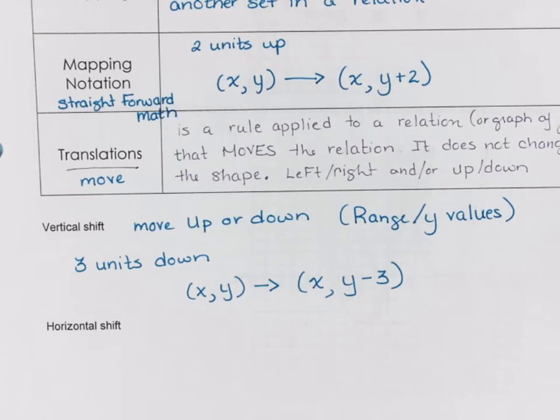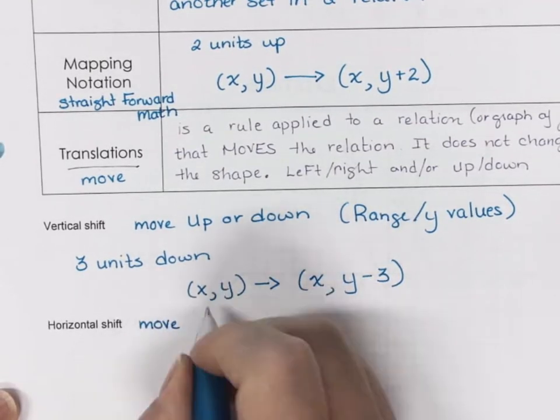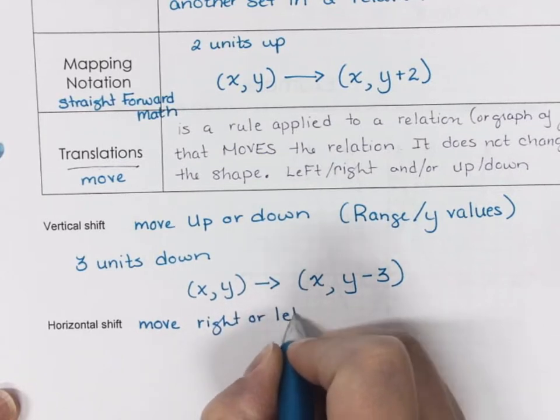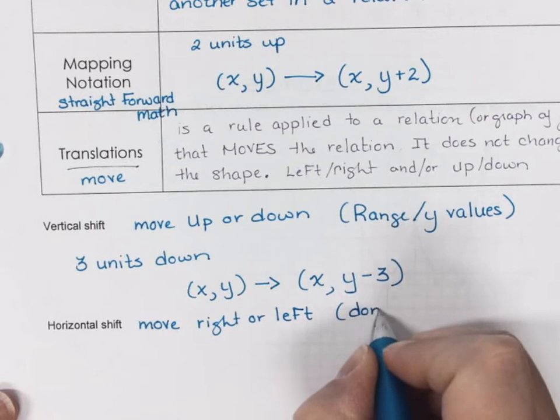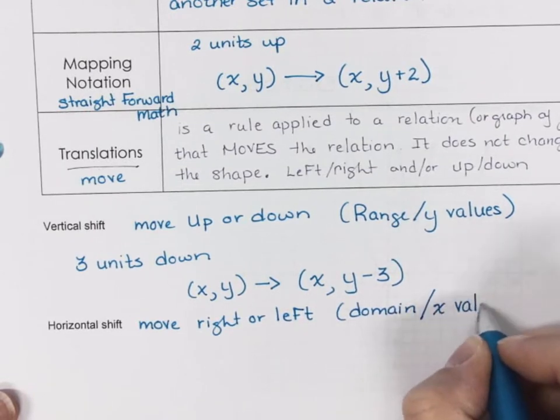And if this doesn't make sense to you or you don't need that in there, don't do it. I will never check your notes. Okay, so this is going to affect our domain and the x values.